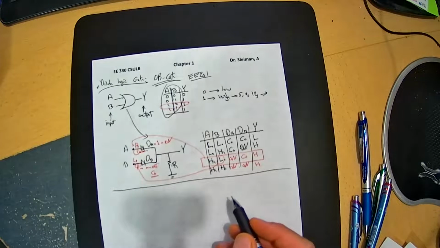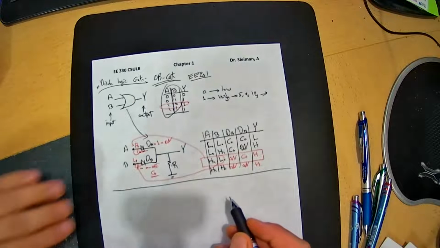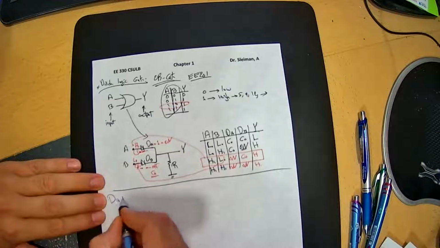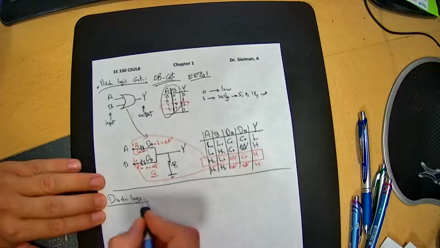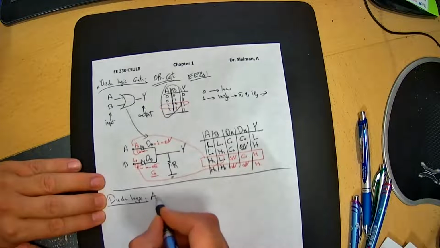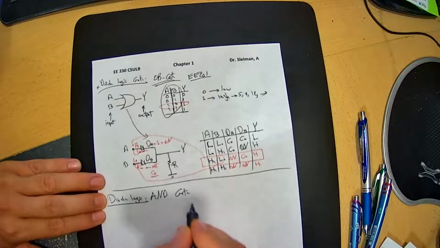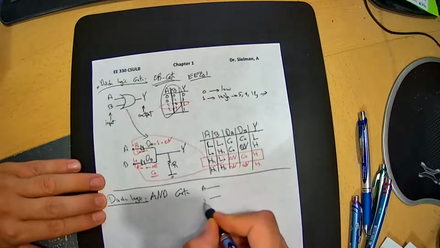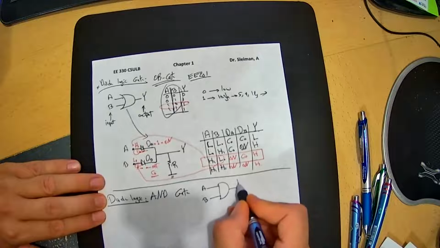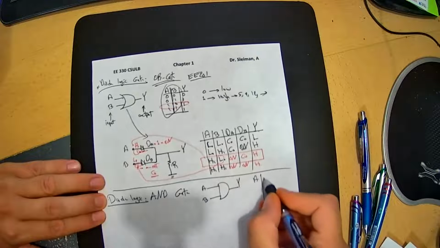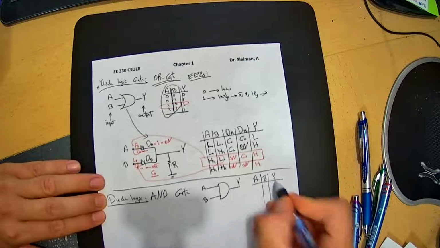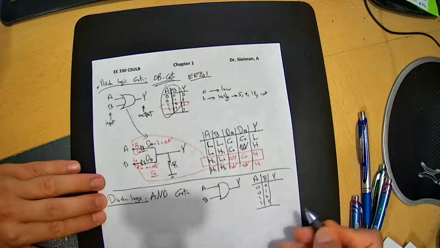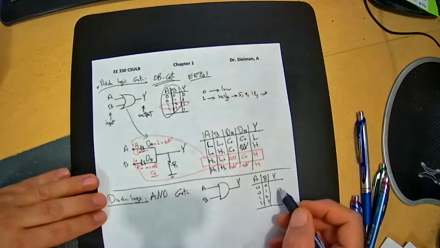Now we're going to talk about diode logic as an AND gate. Remember, in digital design, we have two inputs for the AND gate: A, B, Y, 0,0, 0,1, 1,0, 1,1.